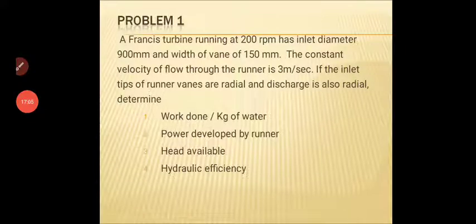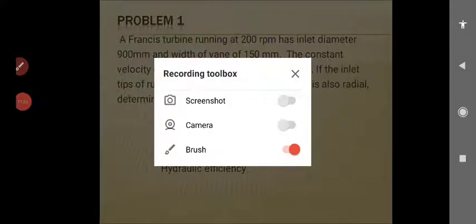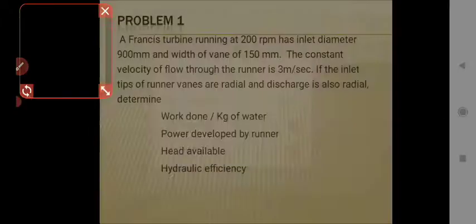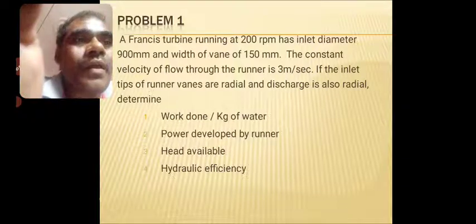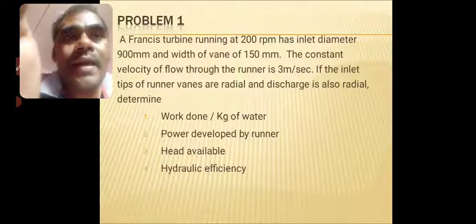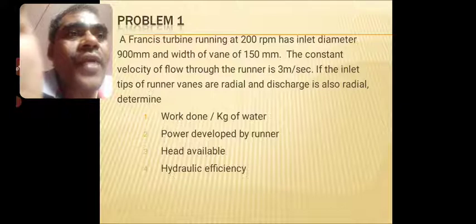Okay. Now solve one more problem here. The problem is, note down: a Francis turbine running at 200 rpm has inlet diameter 900 mm and width of vane of 150 mm.